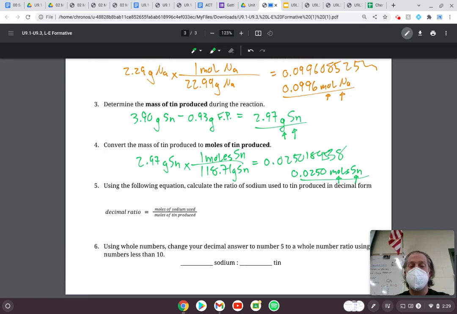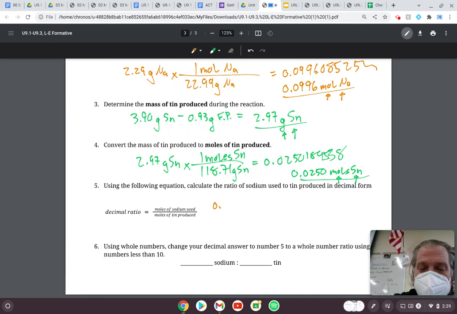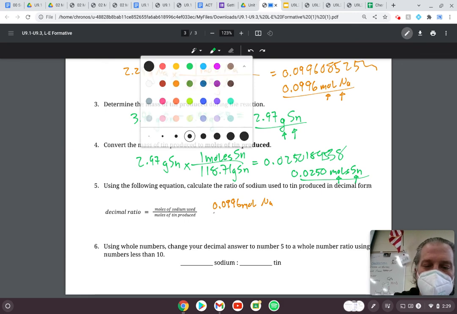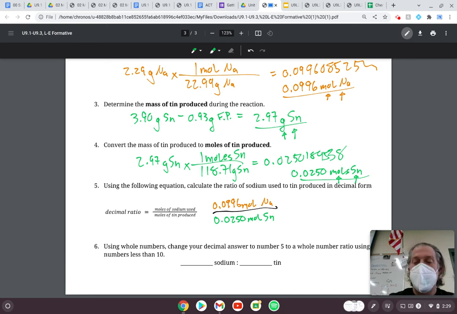Now we're going to slam those two numbers into the mole ratio situation. So I'm going to take the 0.0996 moles of Na, and I'm going to put it over the 0.0250 moles of tin, and divide that out. 0.0996 divided by 0.0250 gives me a value that's like 3.984, which is roughly 4.